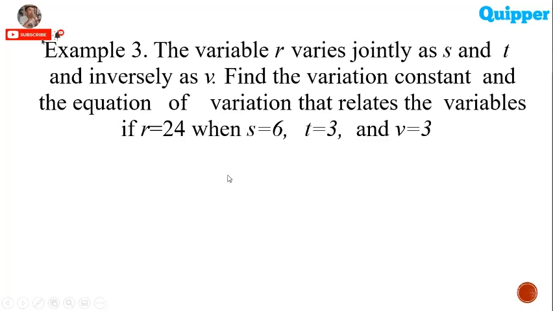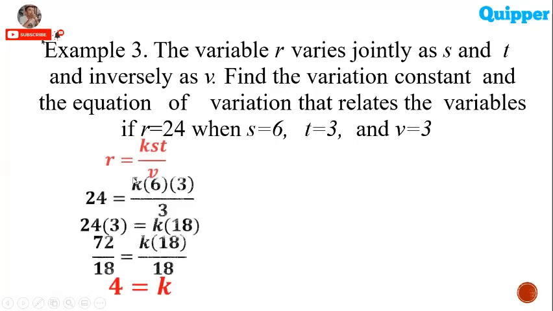The same process: translate first the variation statement to a mathematical sentence, then substitute the values, find the value of k or the constant of variation, and then write the equation of variation. Here it is. R is equal to kst over v because it varies jointly as s and t and inversely as v. Then you now substitute the values r 24, s 6, t 3, v 3.